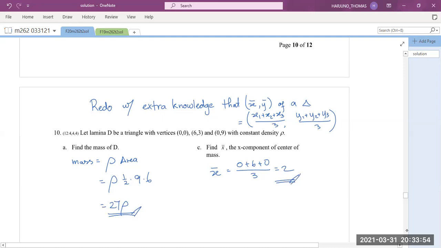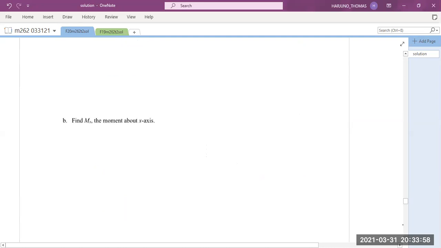Now, that student surprised me with his way of doing part B. Moment with respect to x axis over mass equals y bar. But at the same time, we know y bar is y1 plus y2 plus y3 over 3.